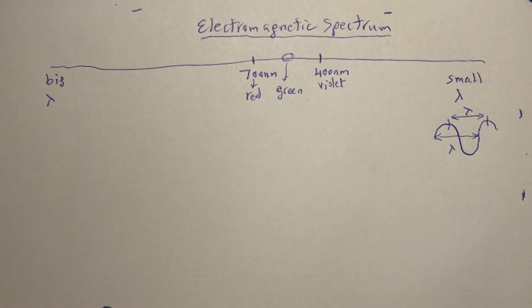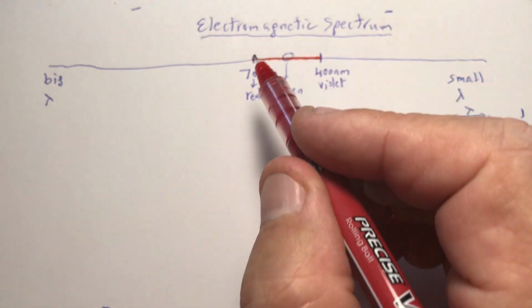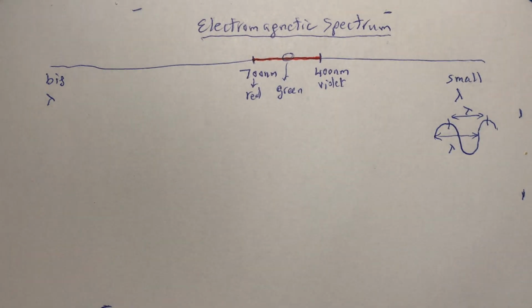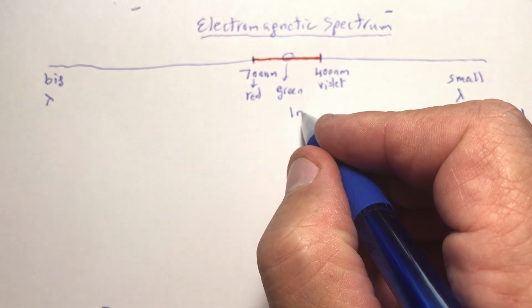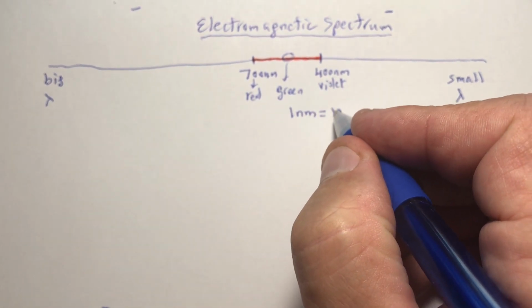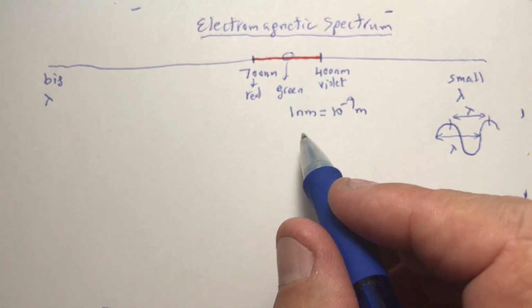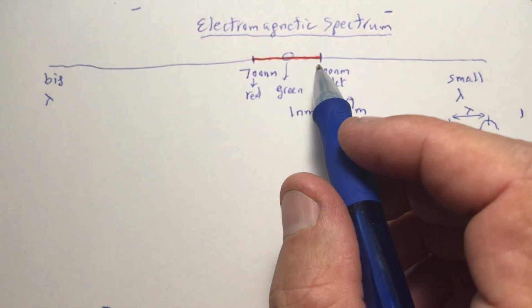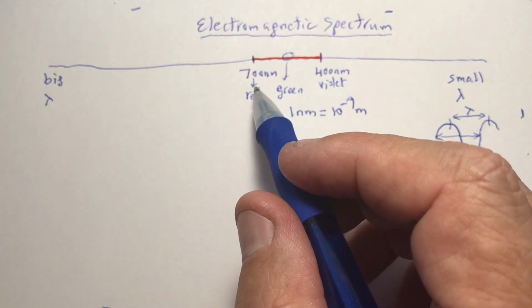So we see this region here. Okay. Now, these nanometers, 1 nanometer is 10 to minus 9 meter. So this wave here that has this length from 400 to 700, we can see.